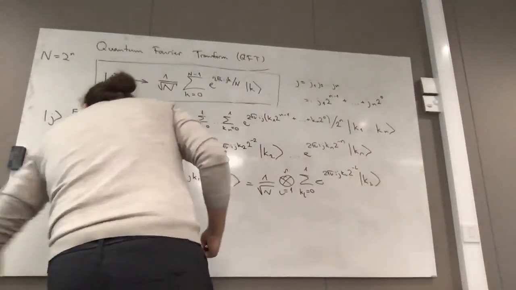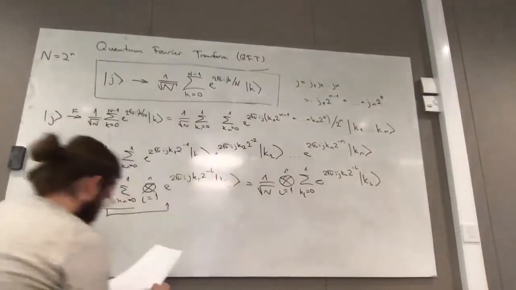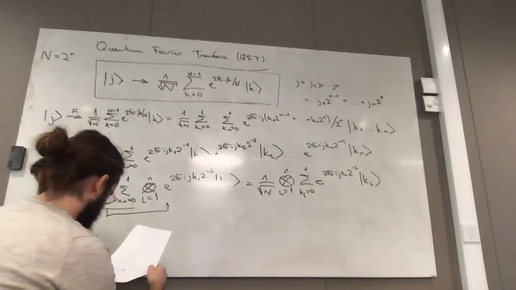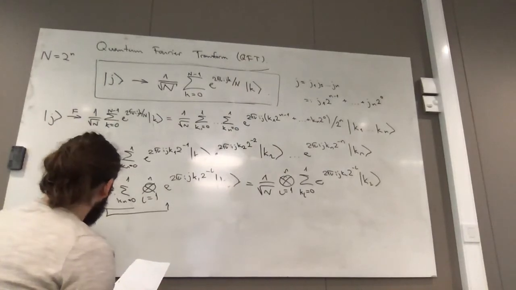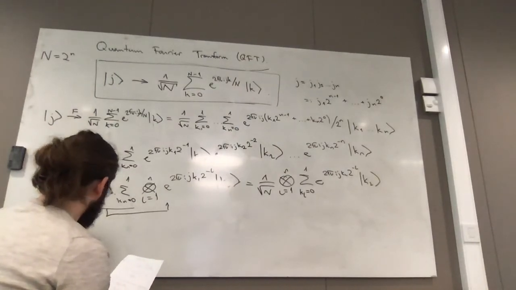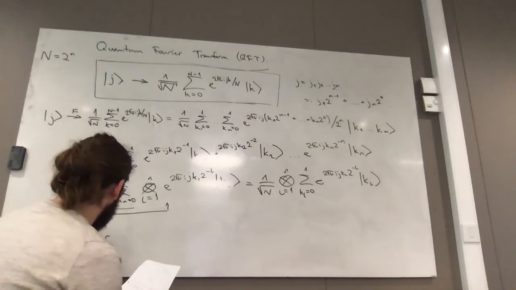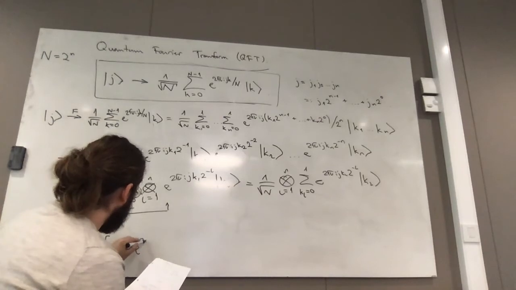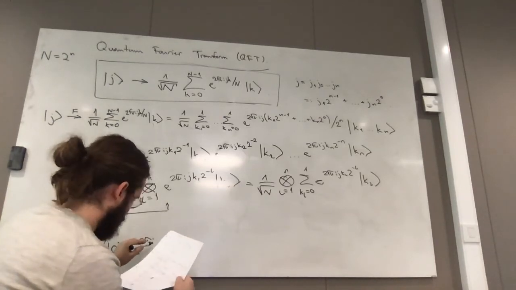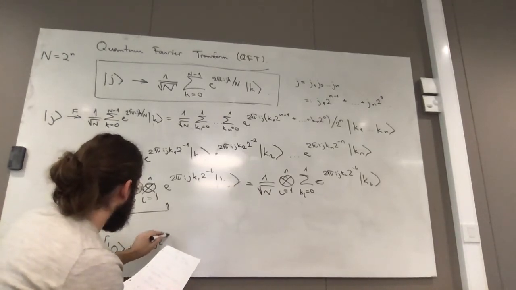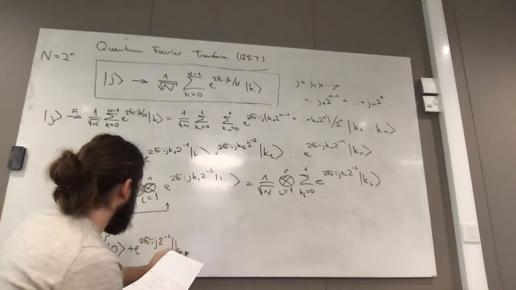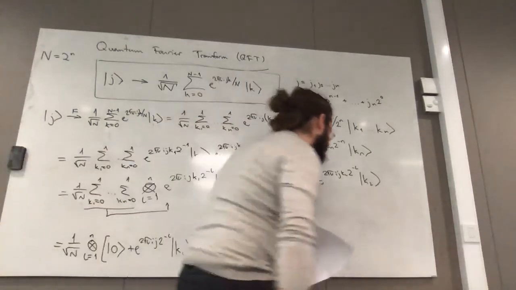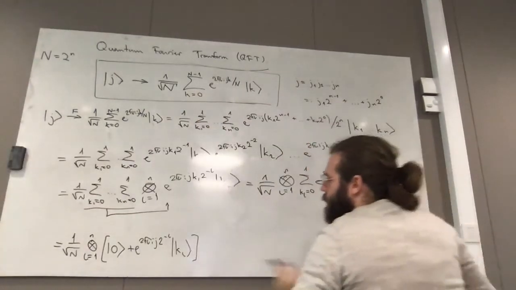So this becomes 1 over square root n, the product over L equals 1 to n of 0 plus e to the 2 pi i j 2 to the minus L k sub L, which gives the final formula.